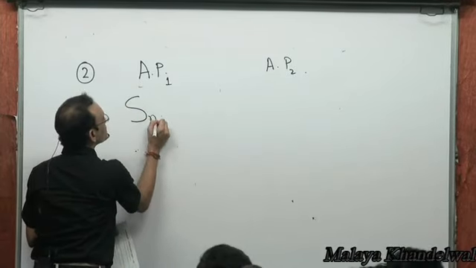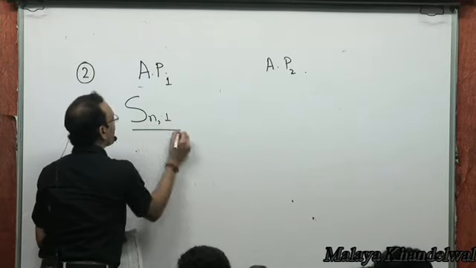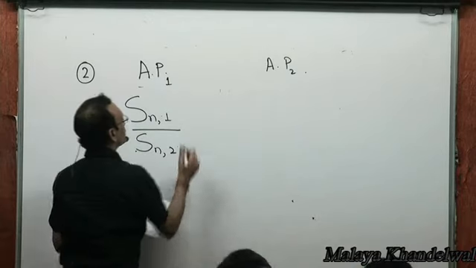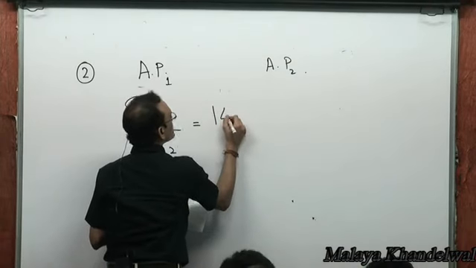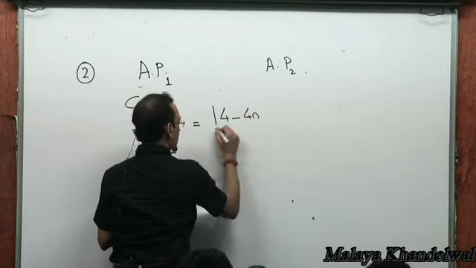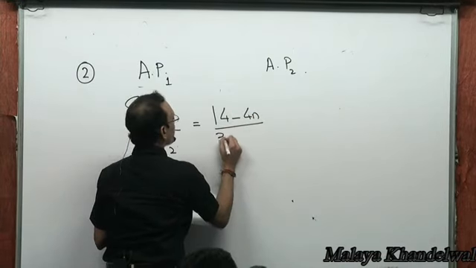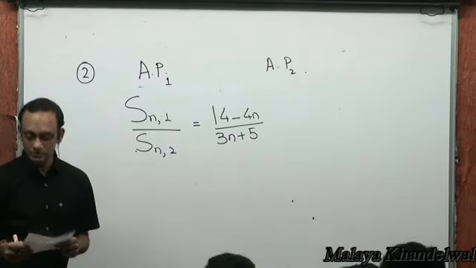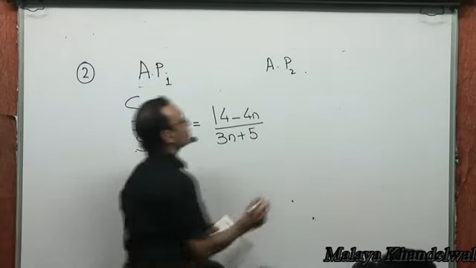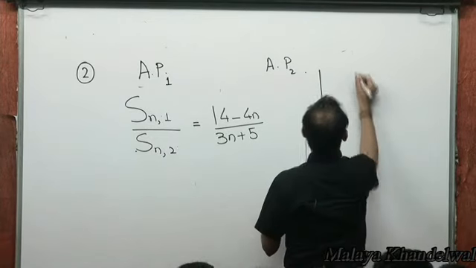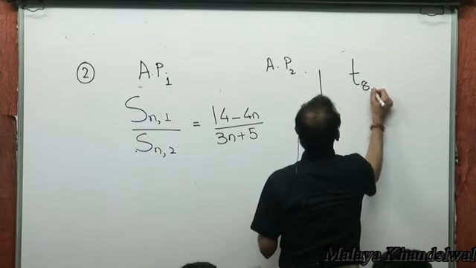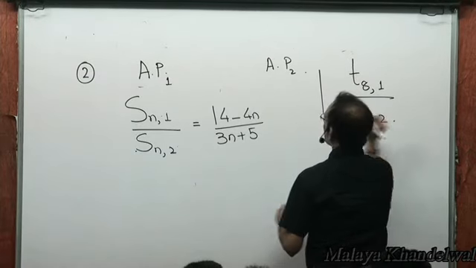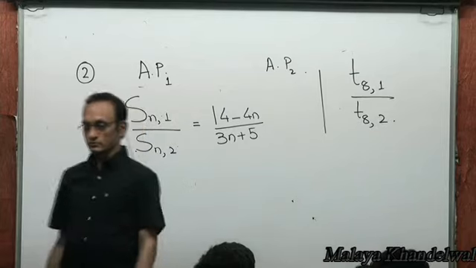Sum of n terms of the first AP divided by sum of n terms of the second AP, they are in the ratio 14 minus 4n to 3n plus 5. That's the ratio of their sum of n terms. We want to be able to find the ratio of their eighth terms. That means eighth term of the first AP divided by eighth term of the second AP is what we want to find. Clear?